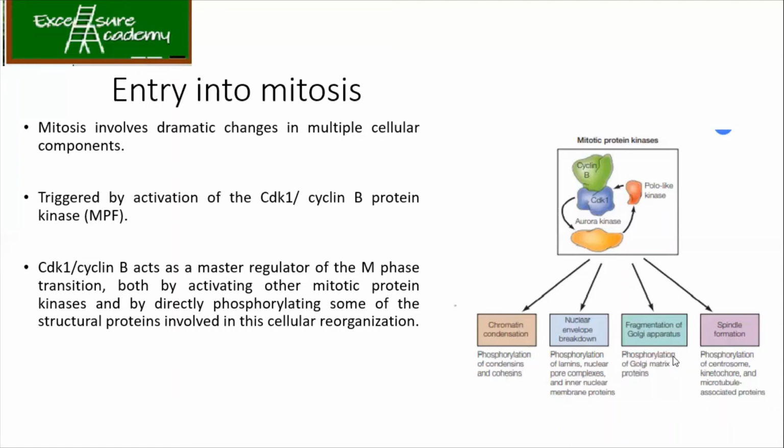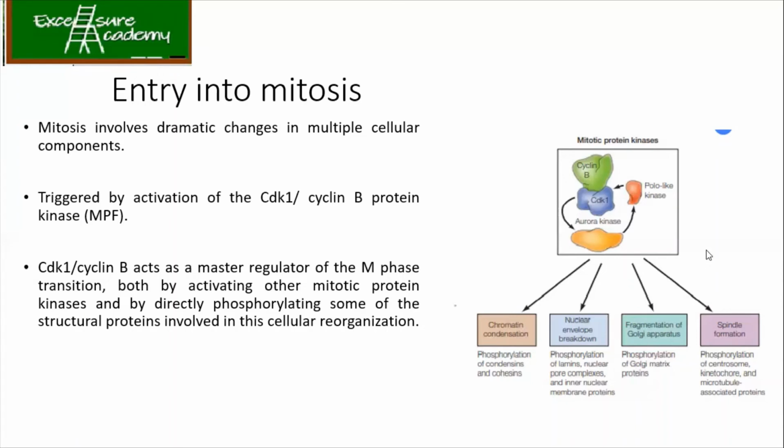Then fragmentation of Golgi apparatus. Here the proteins related to the Golgi matrix get phosphorylated. Spindle formation: phosphorylation of centrosomes, kinetochore and the microtubule associated proteins, so that the spindle formation can take place and they can bind to the sister chromosomes.